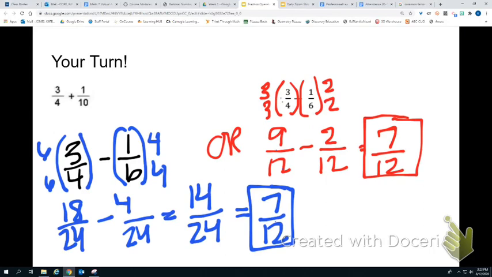And then you simplify at the end, which still gets you the same result as 7/12. And a trick for simplifying: if the last two digits, like the 2 and 4, for example, are both even, I know for a fact that they're divisible by 2. So that's a good clue to say, hey, I probably could simplify.